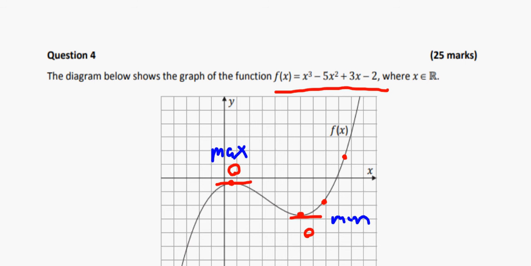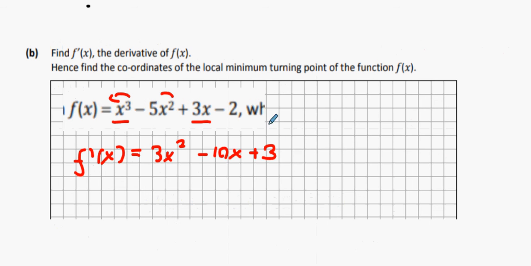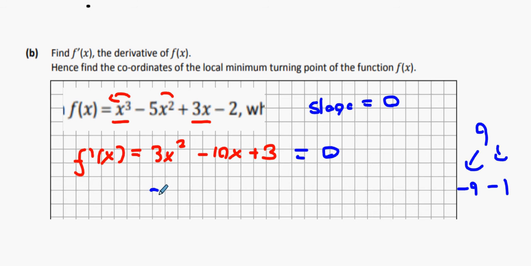Now here's what you're going to do next. You're going to solve this equation equal to 0 because the slope equals 0. Now you can do the minus b formula if you want, or you can factorize. So 3 times 3 is 9, and you're going to put it as minus 9 minus 1.